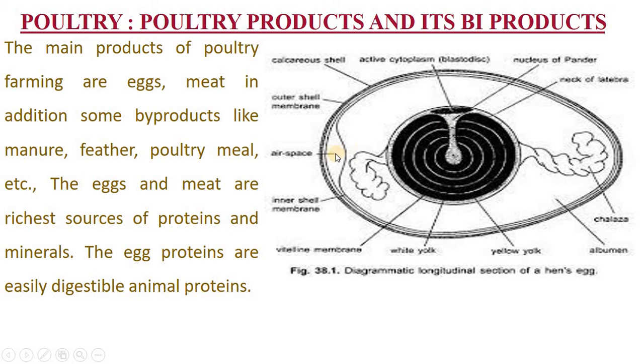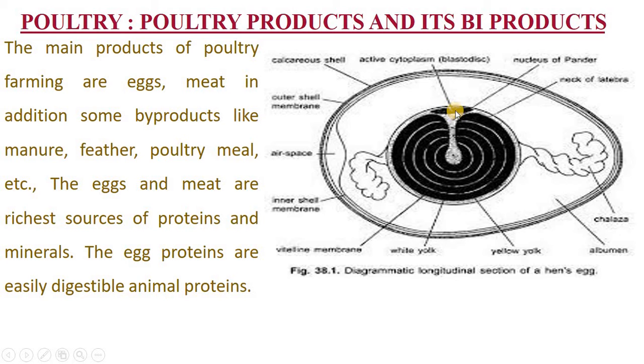There is an inner shell membrane, an outer shell membrane, and a calcareous shell. It is estimated that around 6,000 minute pores are there in the calcareous shell, for exchange of gases while the embryo is developing in the blastodisc.